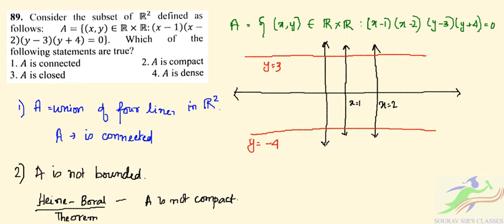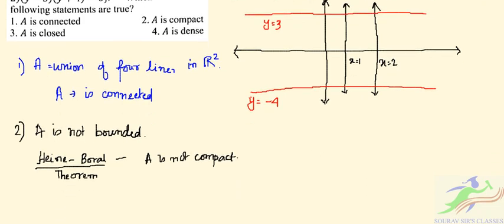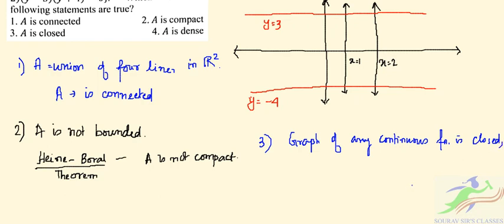Let's check option 3, whether A is closed. Since the graph of any continuous function is closed, the graphs of x equal to 1, x equal to 2, y equal to 3, and y equal to minus 4 are also closed.